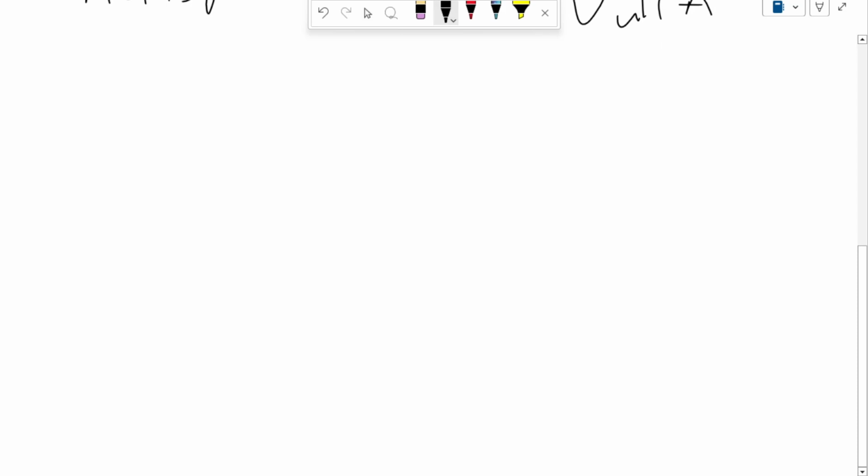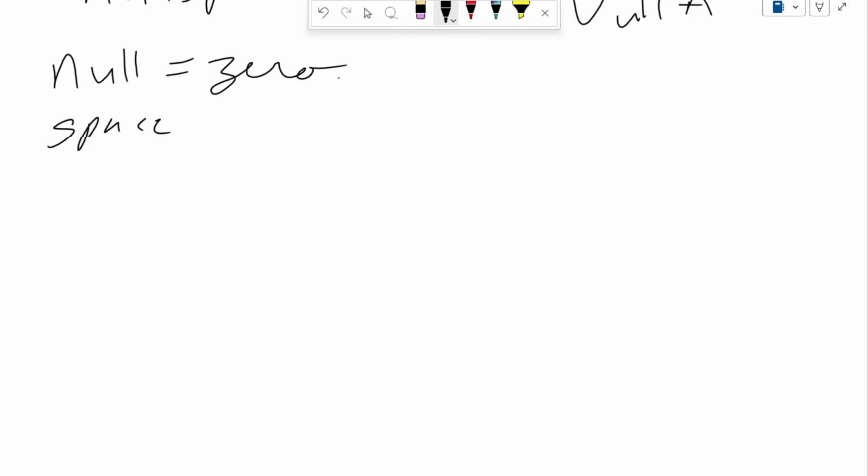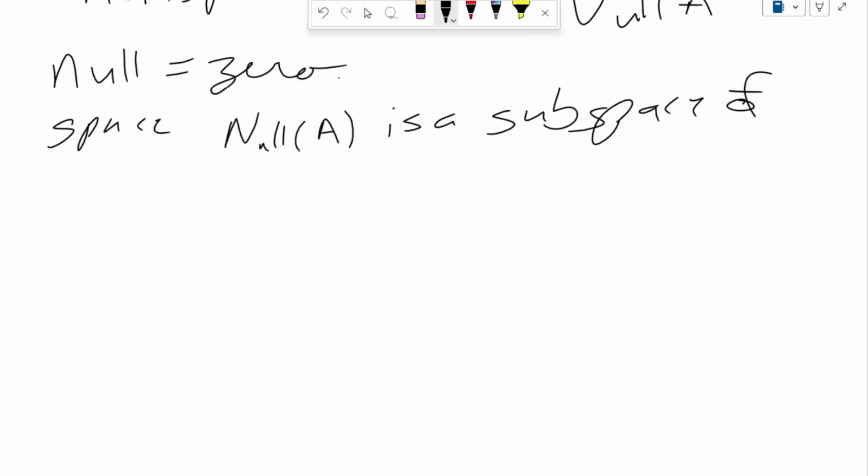So I've called it a null space. Let's deconstruct that a little bit. Well, null here means 0. And I call it a space because it turns out that null(A) is actually a subspace, specifically of R^n.